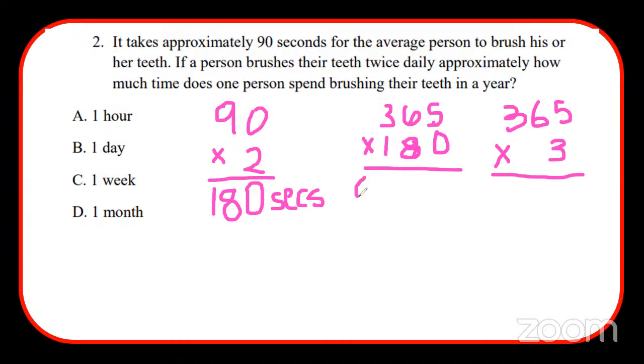Let me just write it in. Now, we have 65,700 seconds. Of course, we can represent this using a simpler unit. This is a pretty big number. And we have seconds, but there is another unit of time that is greater than seconds that we can get from this.